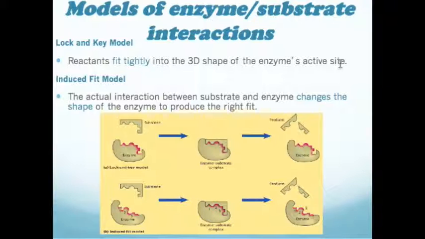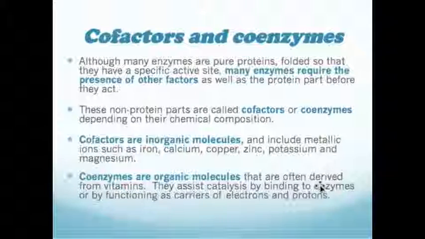The enzyme comes in, the substrate fits right in, it changes it into the products, and the reaction proceeds in the forward direction. With the induced fit model, the enzyme is like an inert ball. The substrate comes along, sits on the enzyme, pushes into it, makes a mold into it, and this changes the shape of the enzyme, which then allows the reaction to proceed.